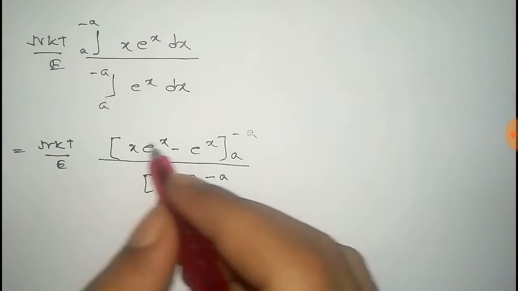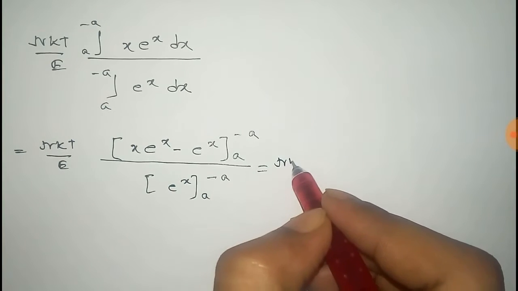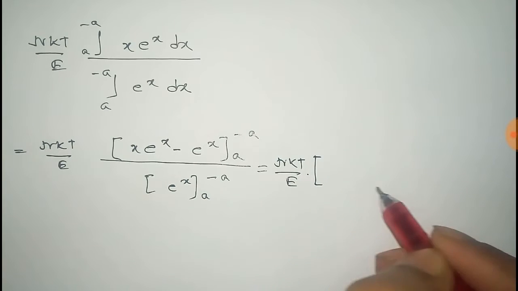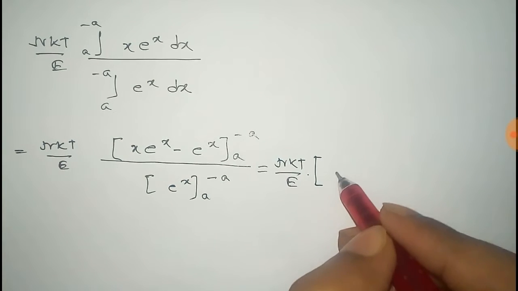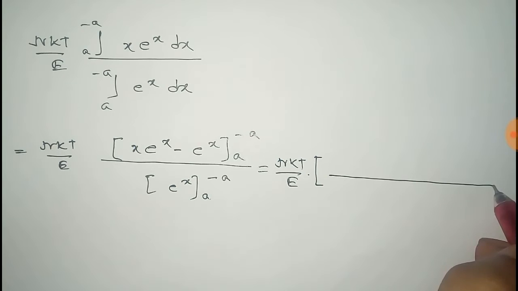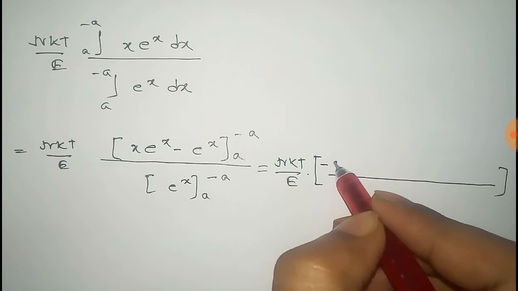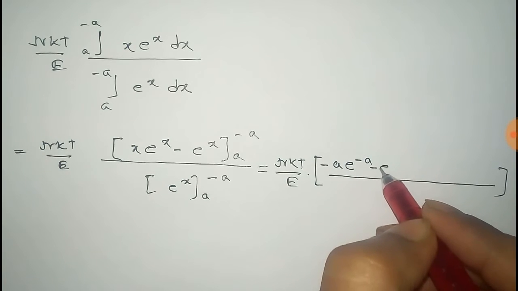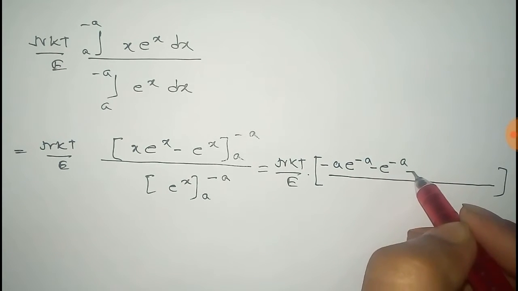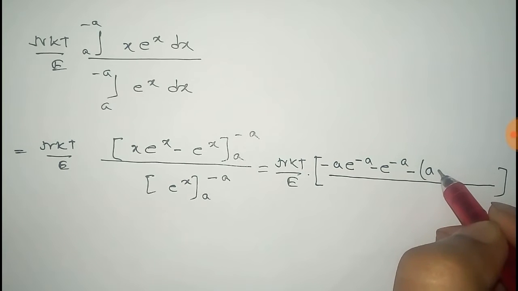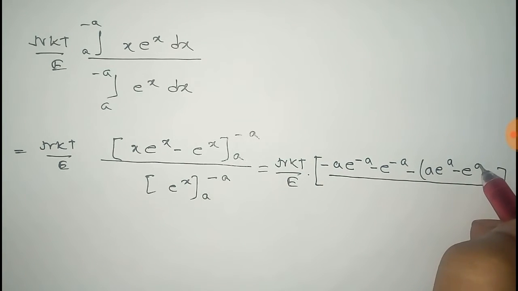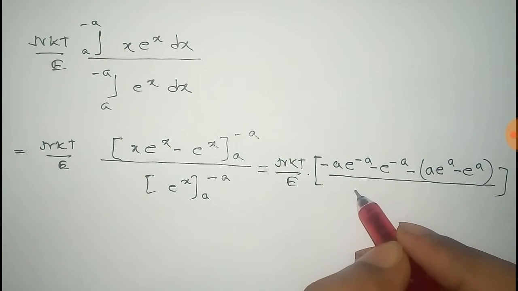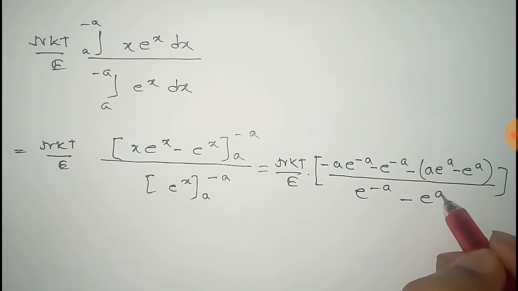Now we have to put the value of the limit. After putting this limit we get minus a e to the power minus a minus e to the power minus a, minus a e to the power a minus e to the power a, by e to the power minus a minus e to the power a.